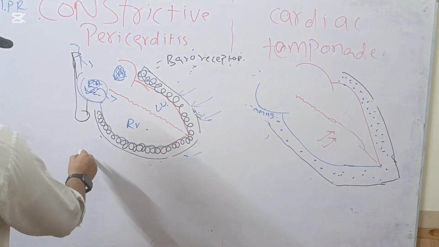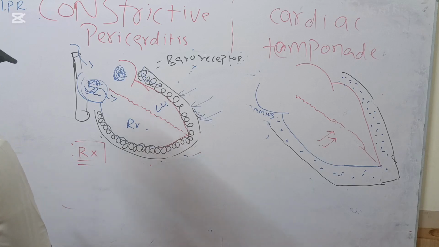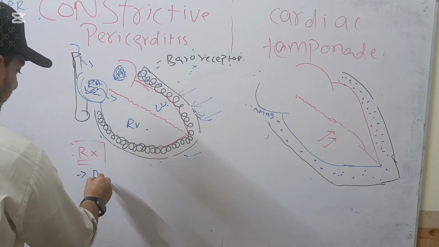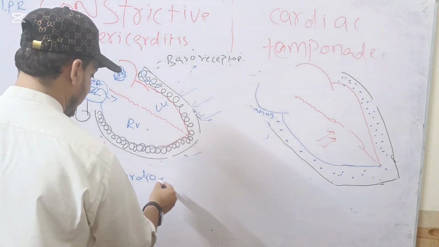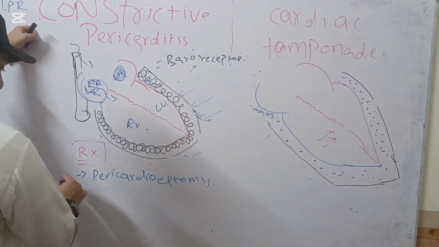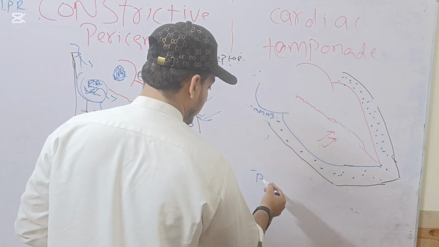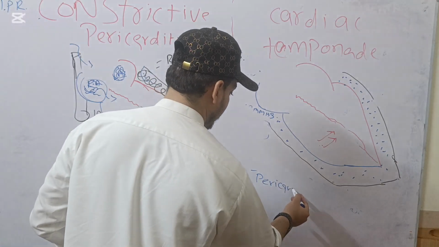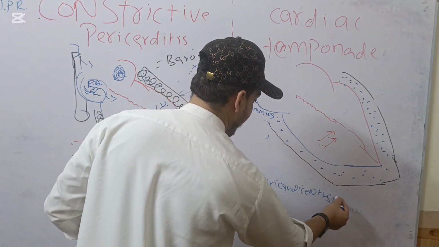And what about the treatment? In constrictive pericarditis, we do pericardiectomy. We remove the pericardium. And what about cardiac tamponade? We do pericardiocentesis. We remove the fluid of the pericardium.